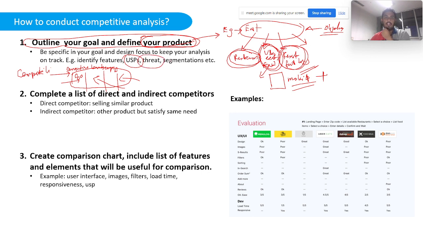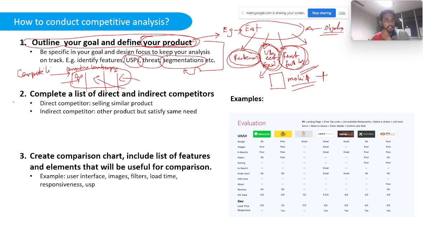Also, you try to understand, based on the various features that the competitor products provide, how those can be segmented into different groups. So all such kinds of analysis you can do when you do competitive analysis, but you need to figure out what sort of competitive analysis you want to perform and on what product.